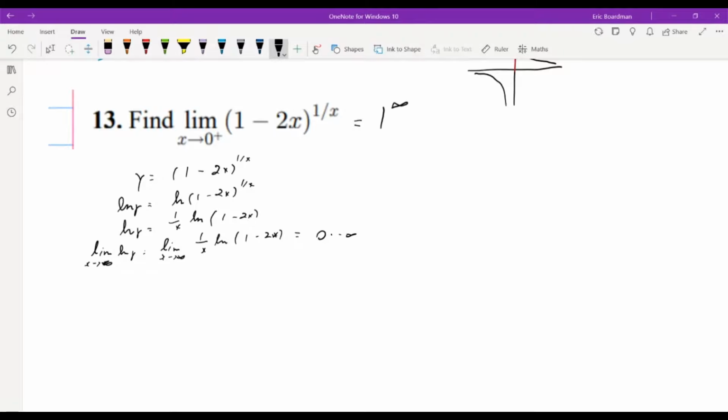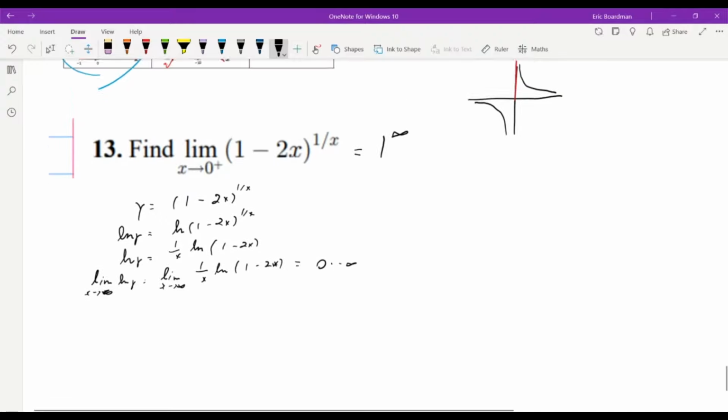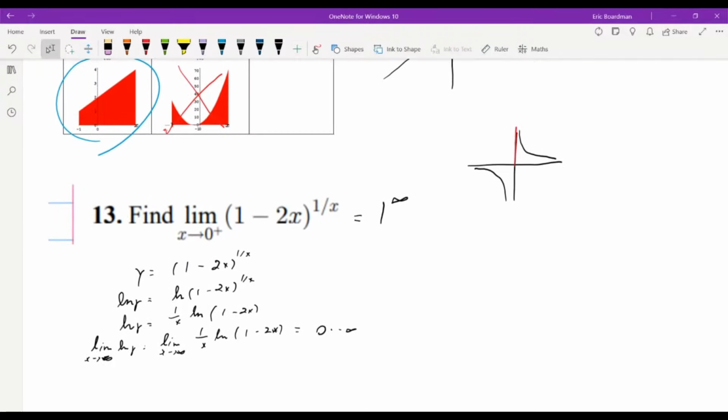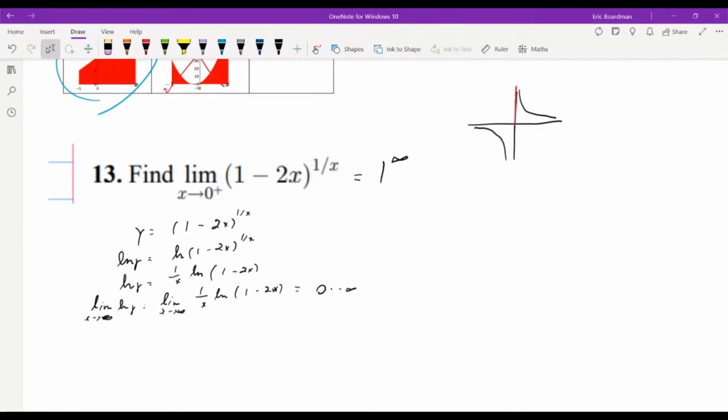Oh, wait a second. Sorry, just give me a sec. Oh, it's 0. Sorry, I thought it was infinity. 0 from the right of 1 over x, which goes to infinity. And then ln of 1 minus 2 times 0 is just 0.